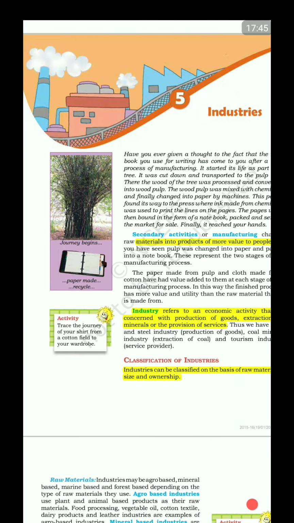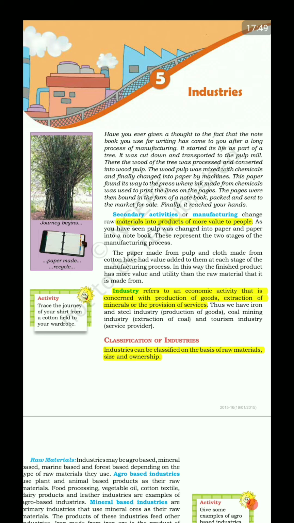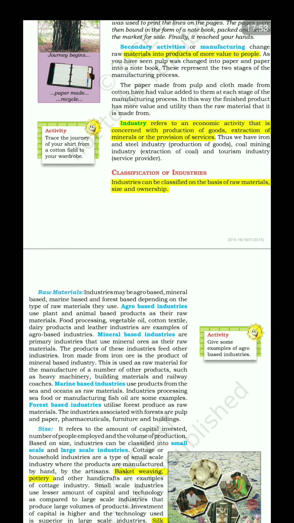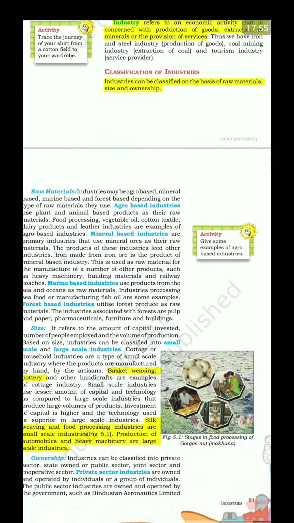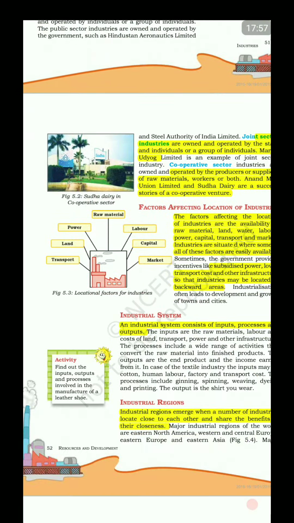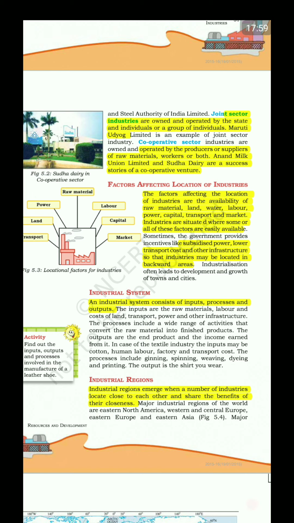So we started with what is the industry, right? We started with what is manufacturing and secondary activity. We classified the industry based on the raw material, based on the size, and based on the ownership. Then we moved on to some of the factors which affect the location of industries, right?